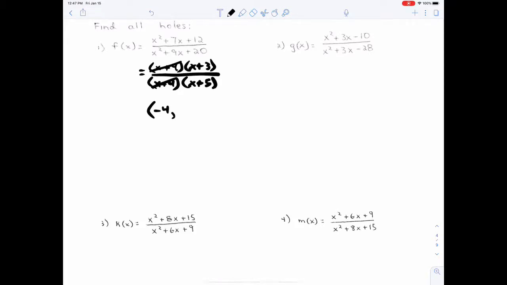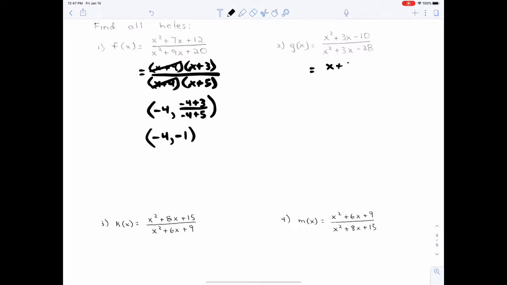I plug it into the remaining equation. So we have -4 plus 3 and -4 plus 5. So it's -1 over 1, which is -1. That's where the hole is. So however you graph this thing, and I haven't shown you that yet, you will have a hole at -4 comma -1.